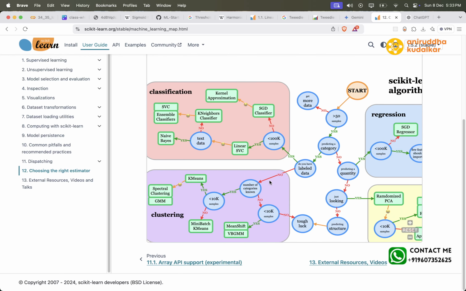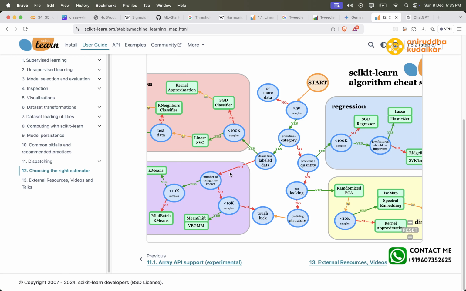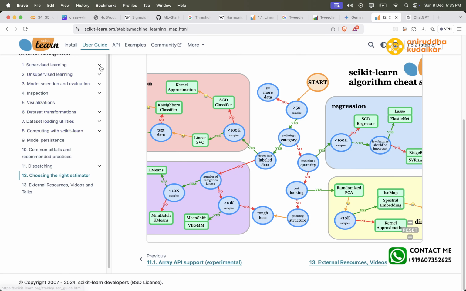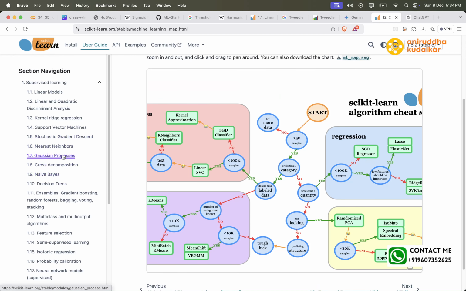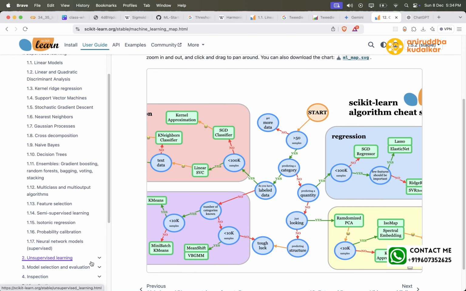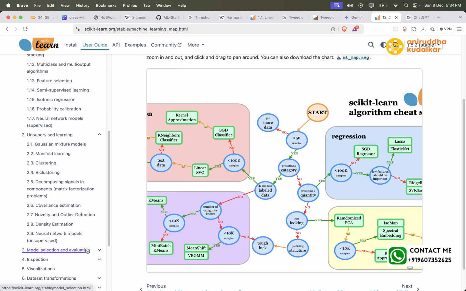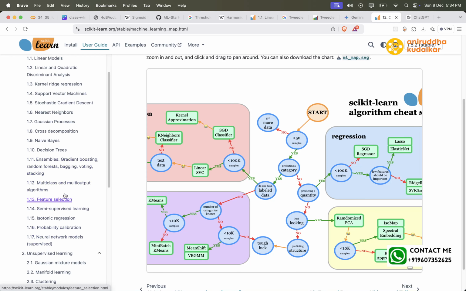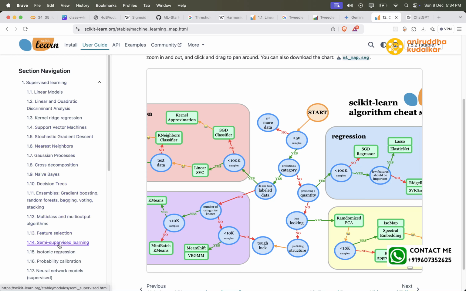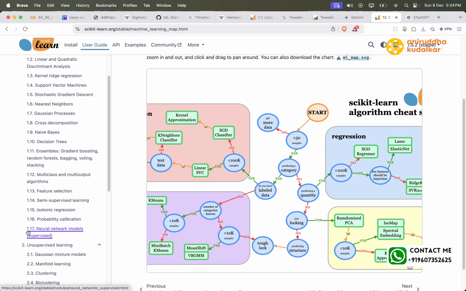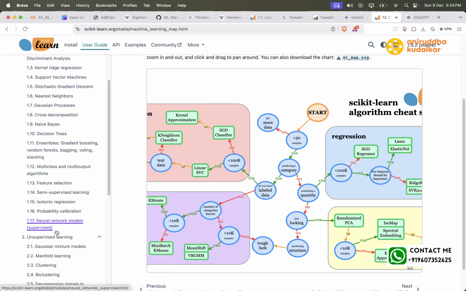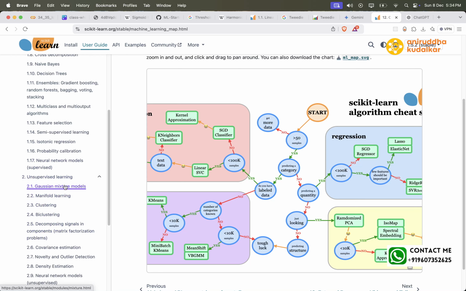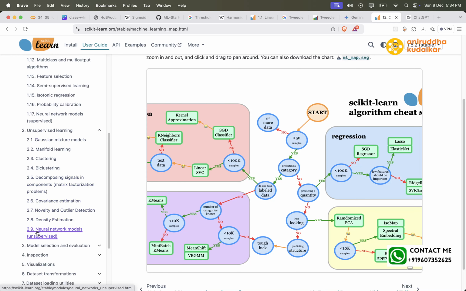You may refer to this diagram also. Again, I'm saying it is not necessary that you know all these algorithms. It is impossible to know all these algorithms. Right? So they have supervised and unsupervised learning. For supervised, they have 17 algorithms, and for unsupervised, they have 9 algorithms.